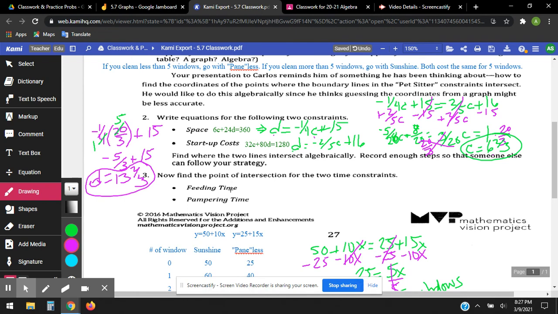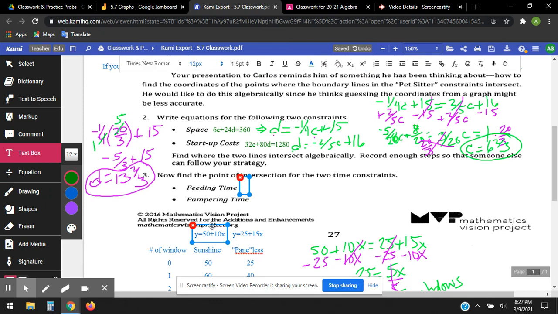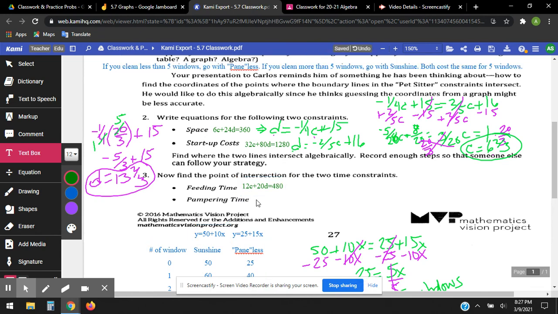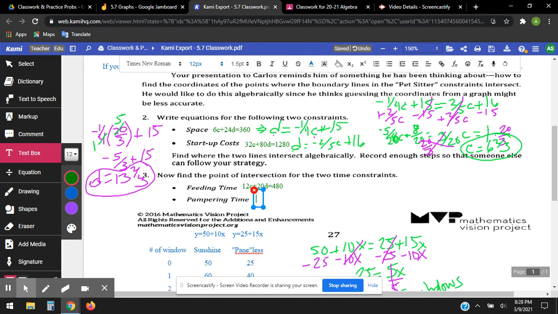So now we need to find the point of intersection for feeding time and pampering time. Feeding time took 12 minutes to feed the cats and 20 minutes to feed the dogs, and that equals 480. And this one was 16 minutes to pamper the cats plus 20 minutes to play with the dogs, and that also equaled 480.